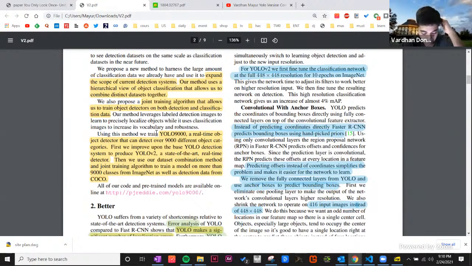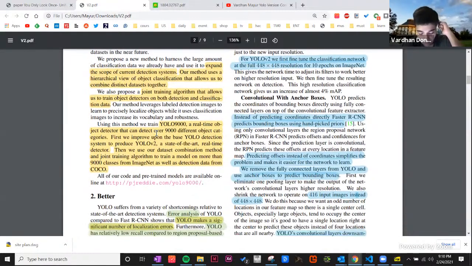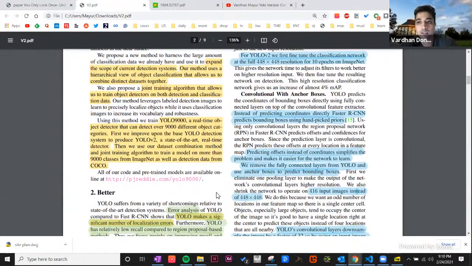My idea is that they pre-trained it on ImageNet and then fine-tuned it on higher resolution images, because the point here is they wanted to train on finer features, not the coarse level features as in V1.